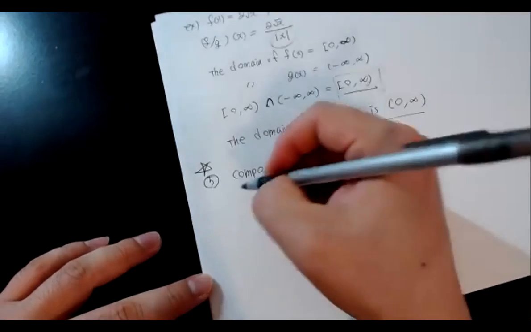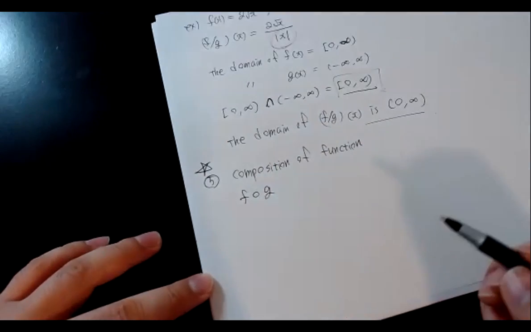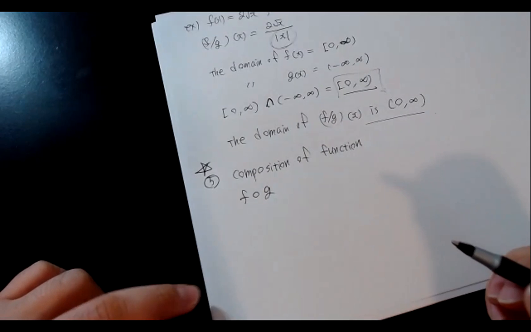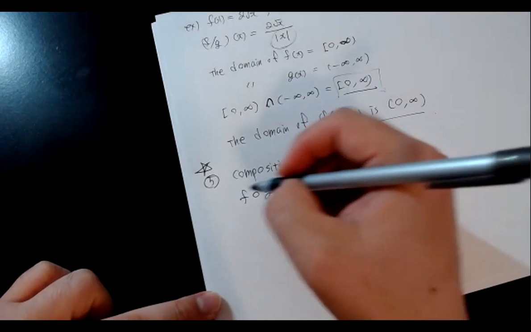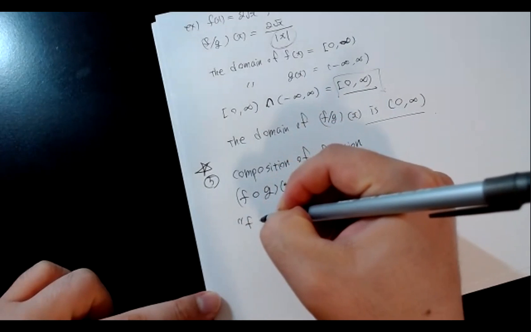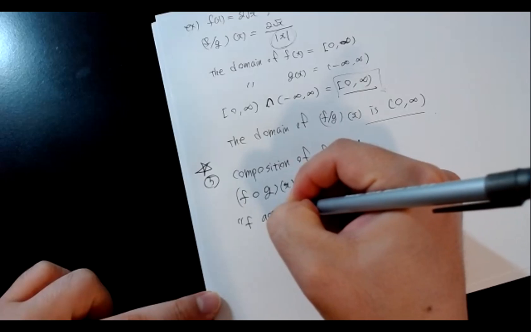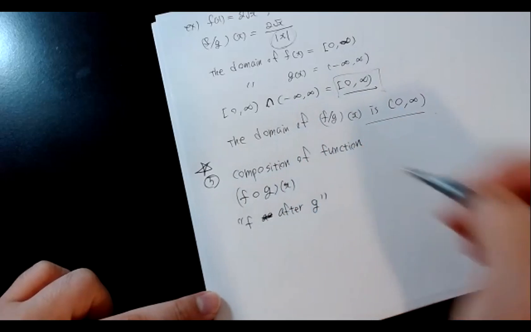The definition is this. First, the notation f circle g. Okay, this is not a dot, this is a little circle. We read this one as f after g.